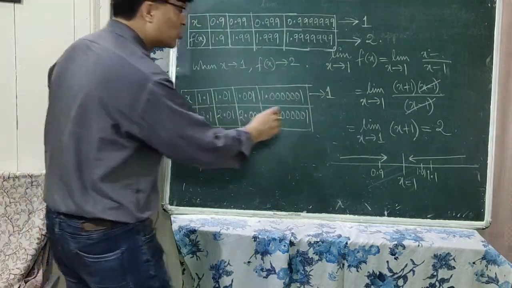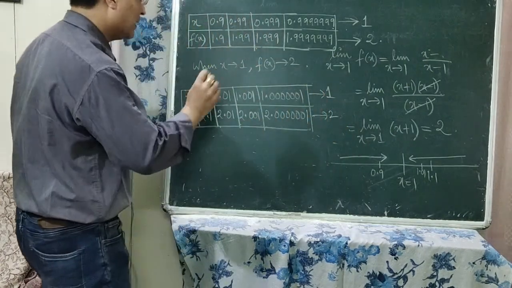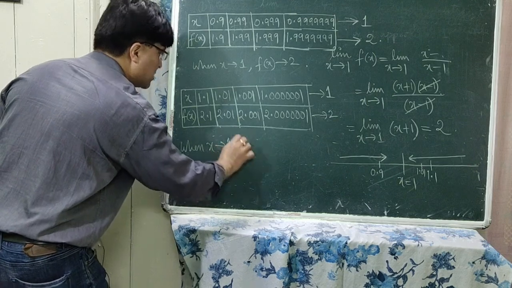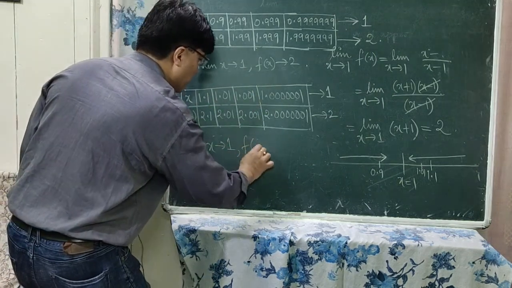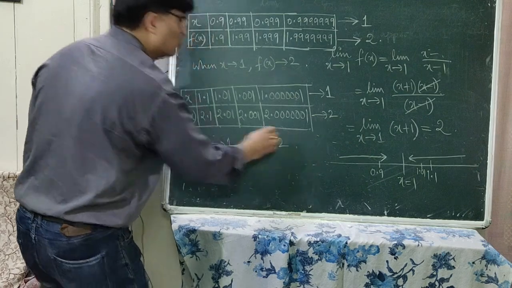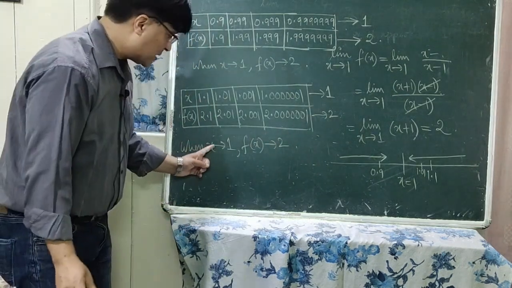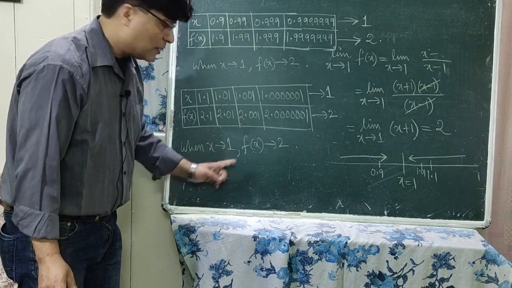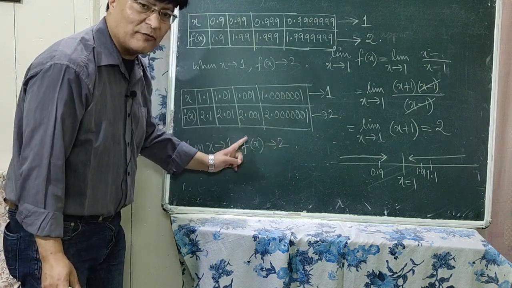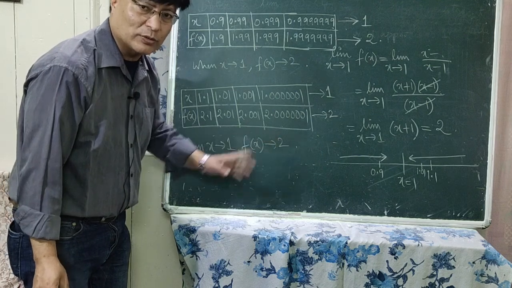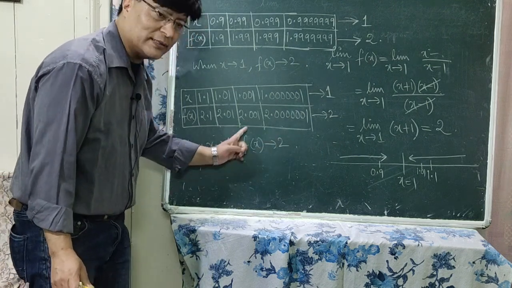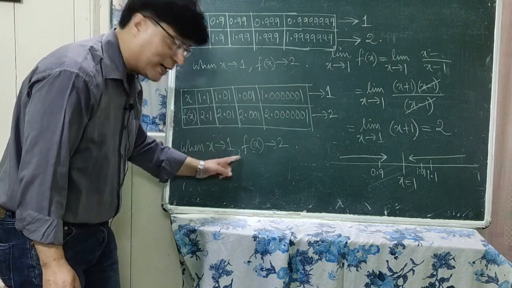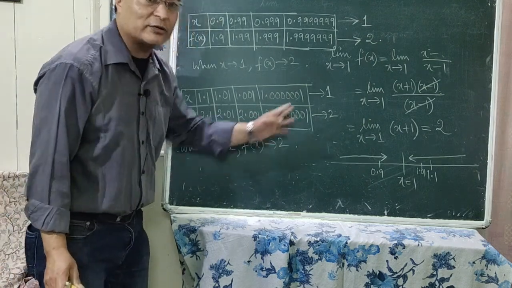That is, it almost tends to 2. Now when x tends to 1, then f of x tends to 2. So x tends to 1 means x is not exactly equal to 1, and f of x tends to 2 means the value of f of x is not exactly equal to 2. That is, when x goes nearer and nearer to 1, then f of x goes nearer and nearer to 2.